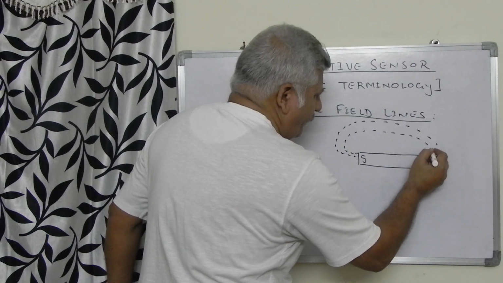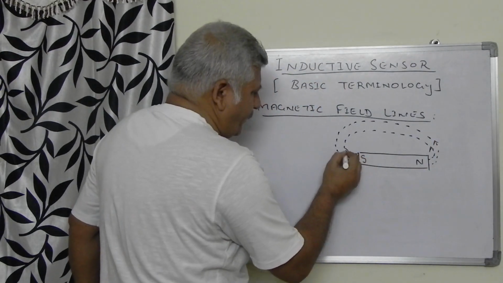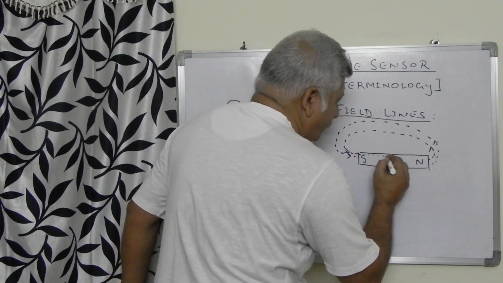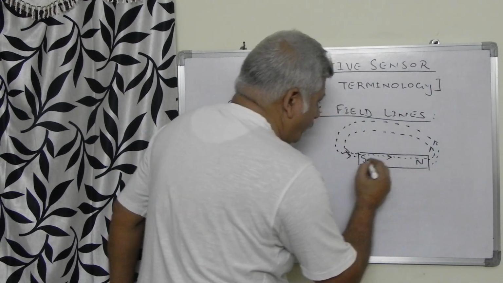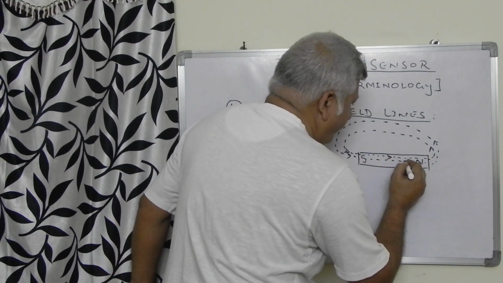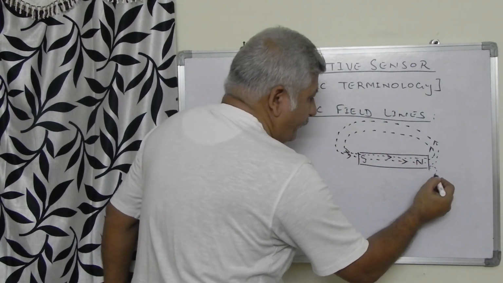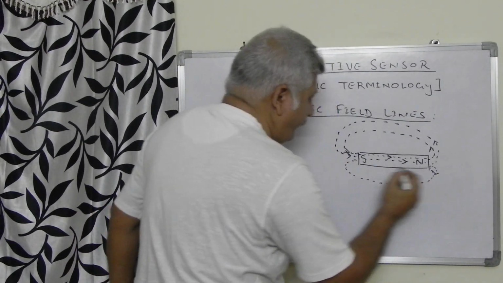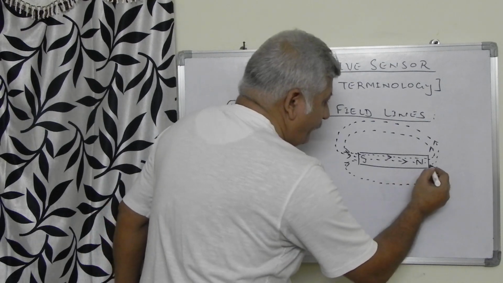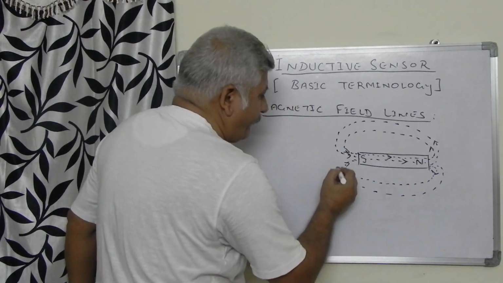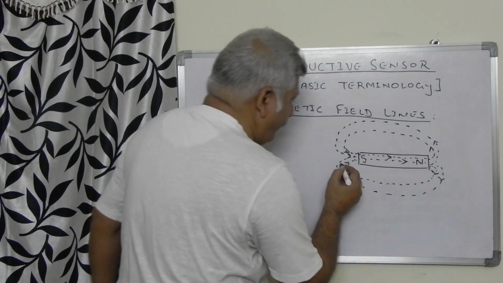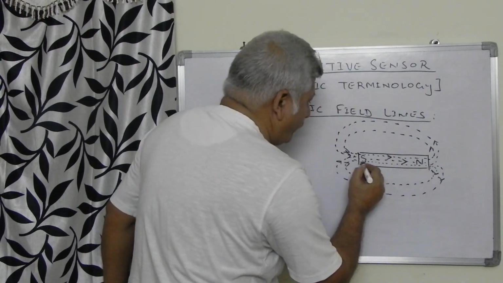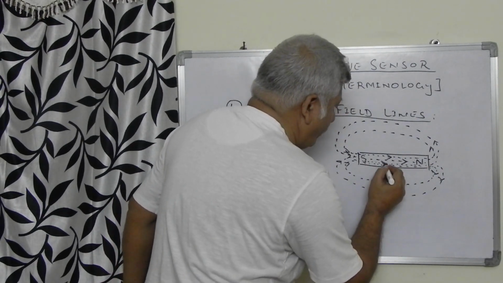So it comes out from the north pole and it enters inside the south pole, and inside the magnet it moves from south pole to north pole, like this.